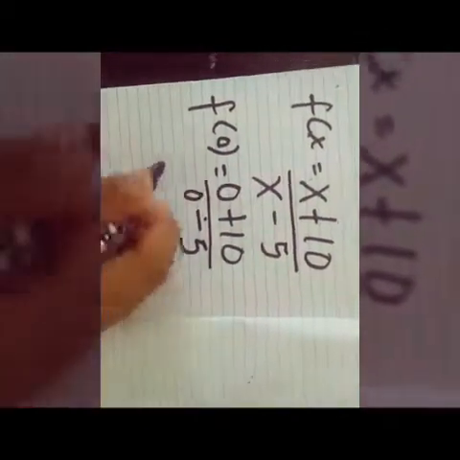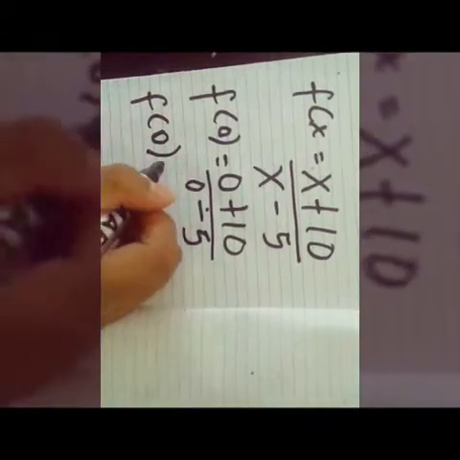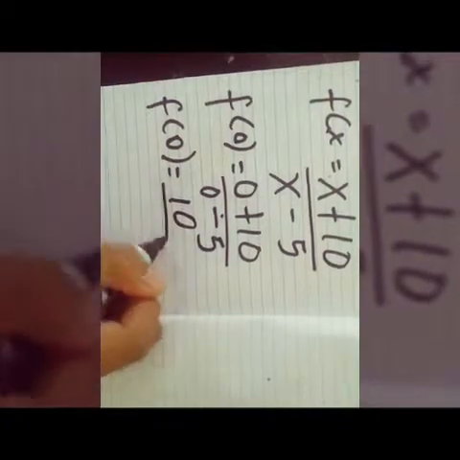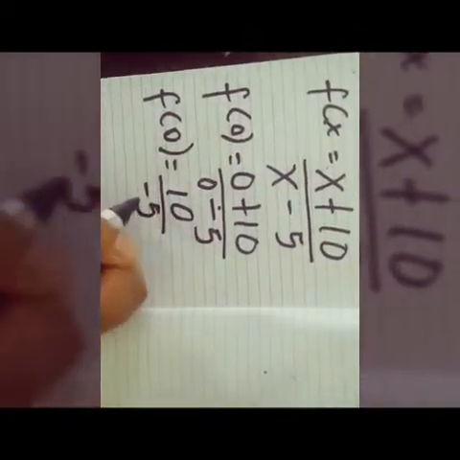And now simplify. f of x equals 10 over negative 5.